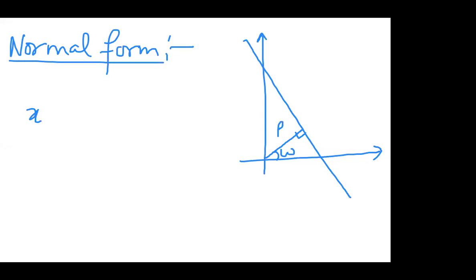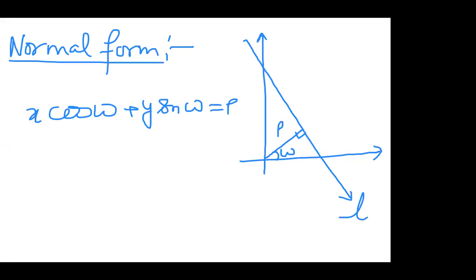Yes, we are doing the normal form of the line. This is the line, so its equation will be x cos omega plus y sin omega equals p.